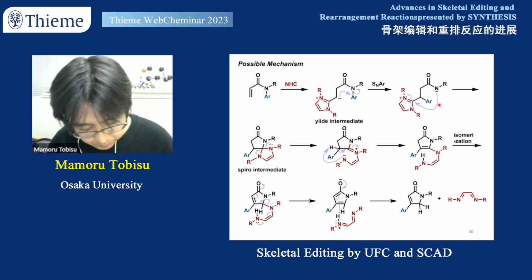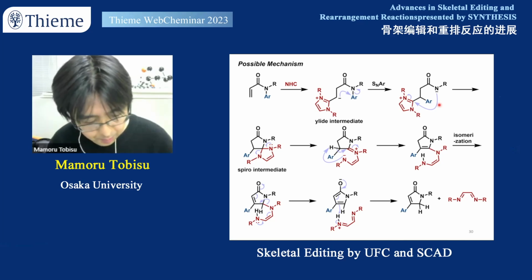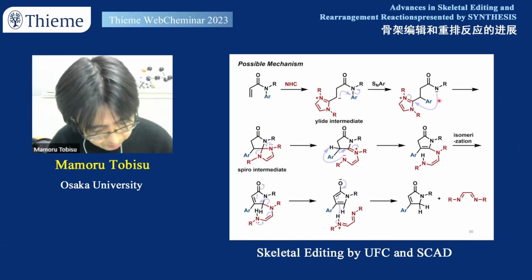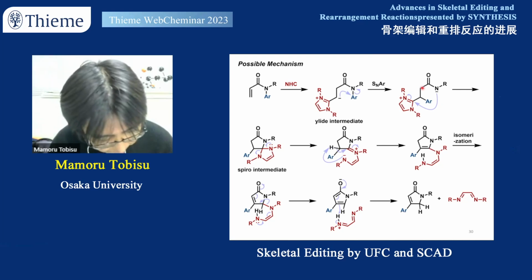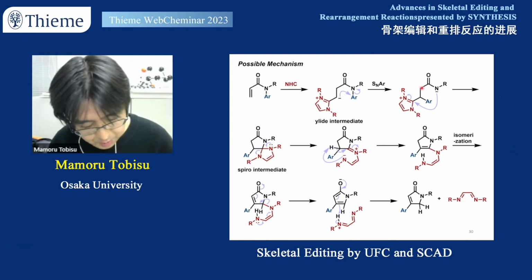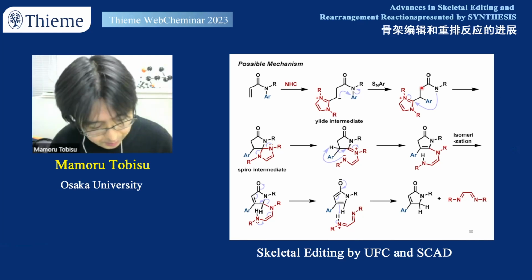And the mechanism so far is completely the same as that I showed in the CN bond cleavage reaction. And in that reaction, this amide anion abstracts the proton alpha to the carbonyl moiety to liberate the NHC catalyst and the unsaturated amide when the bulky NHC was used as a catalyst.